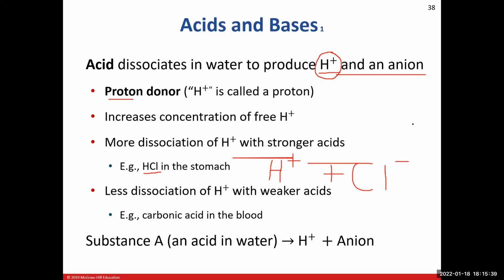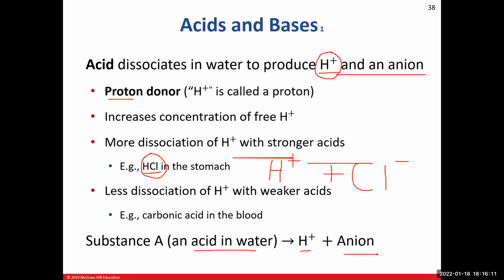So we have one positively charged ion, the proton, and one negatively charged ion, the chloride, when we're talking about hydrochloric acid. So substance A, our acid, when added to water, dissociates into a hydrogen ion, or proton, and an anion. That's the definition of an acid.